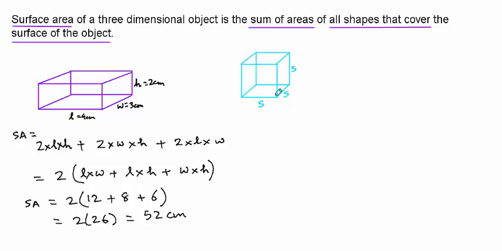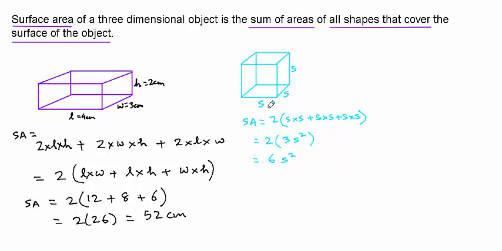Essentially, we have squares on all sides, and therefore you could still apply this formula: 2 times length, width, height, they're all S. So we have S times S plus S times S plus S times S. So this is equal to 2 times 3S times S, which is S squared, and that simplifies to 6S squared.